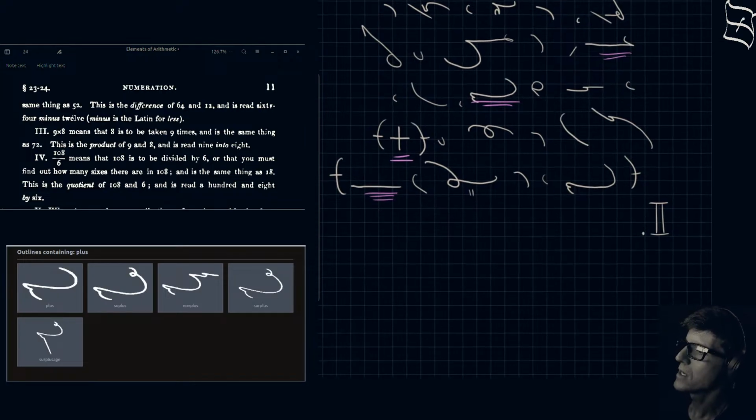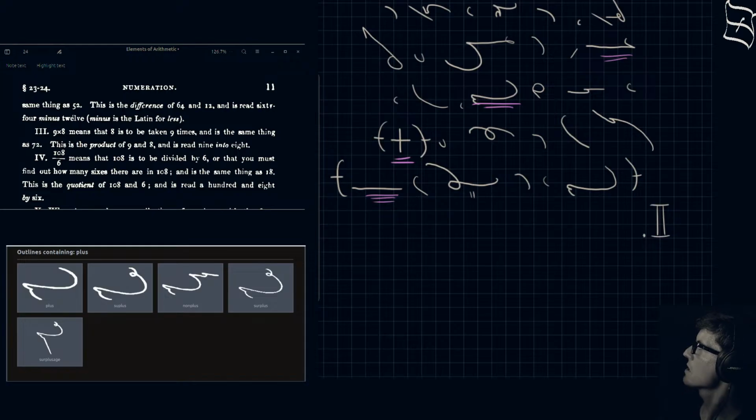We're going to say when one quantity is taken away from another quantity, when a quantity is removed from another quantity. And removed, I think that's right. Let's go check that out.